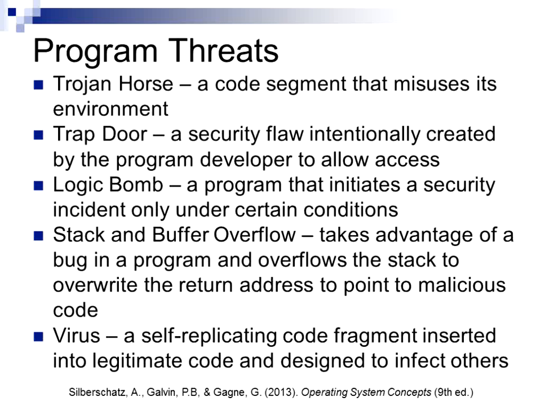Okay, then I want to move on to some of the threats that you're probably already familiar with. Some threats can come from programs. These are called program threats. And here we have things like a Trojan horse. A Trojan horse is a code segment that will actually insert itself into a system, and it gets executed.